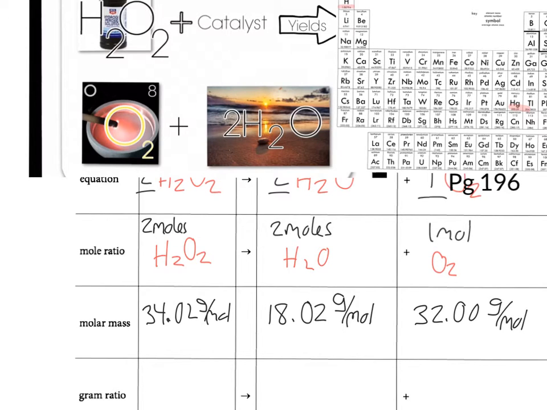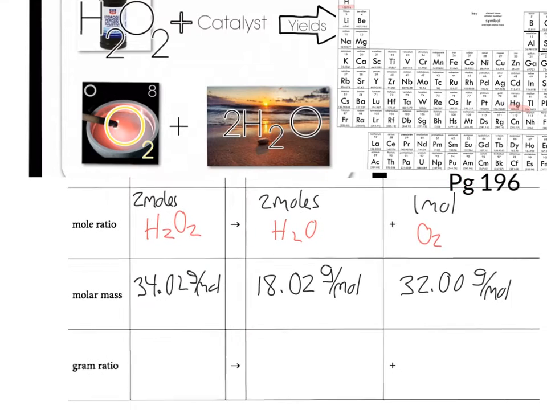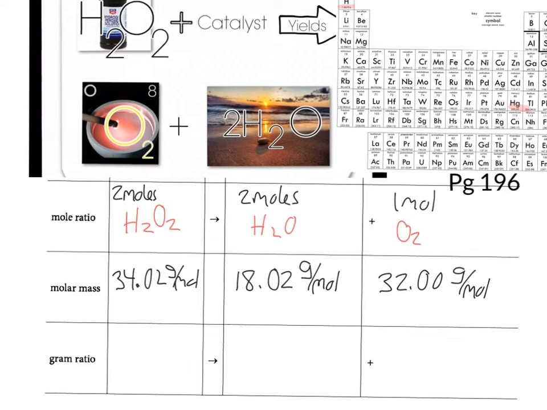And what we'll do now is use those molar masses to go from moles to grams in this equation.